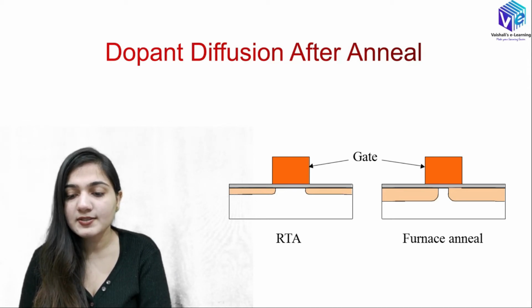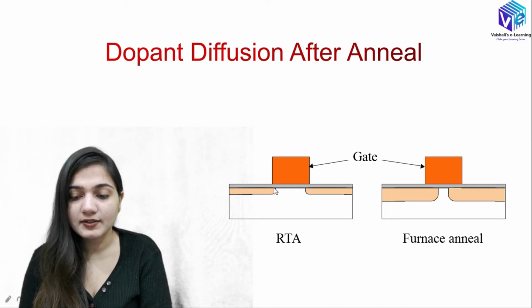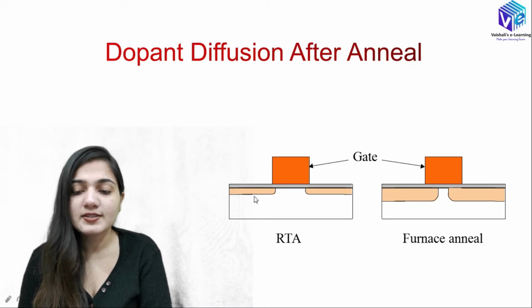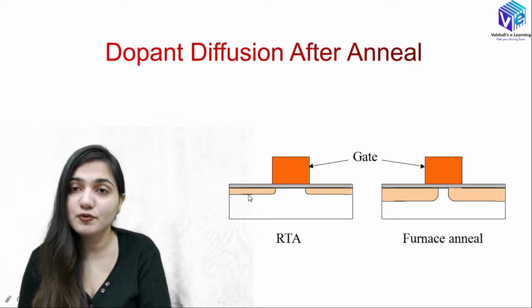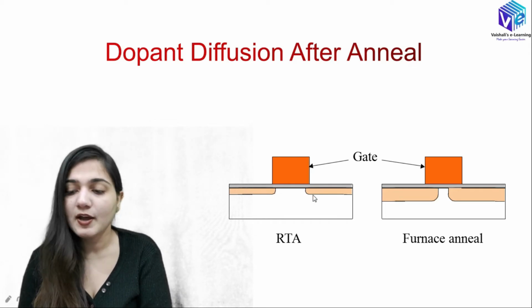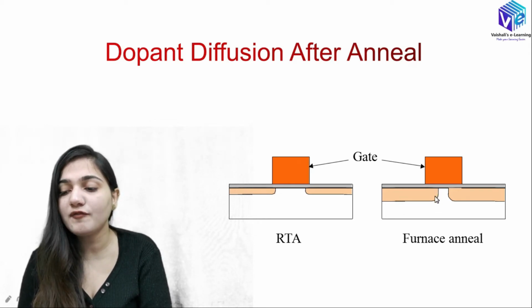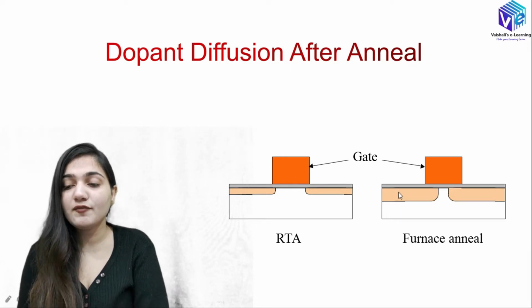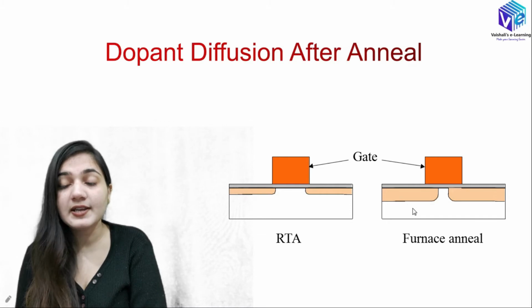Okay, so in the rapid thermal annealing, we have this type of dopant profile present here. You can see the depth of the dopant, or the second wave of diffusion, has not come here. But here you can see the depth of the dopant is very deep. The second wave of diffusion was there in the furnace annealing.